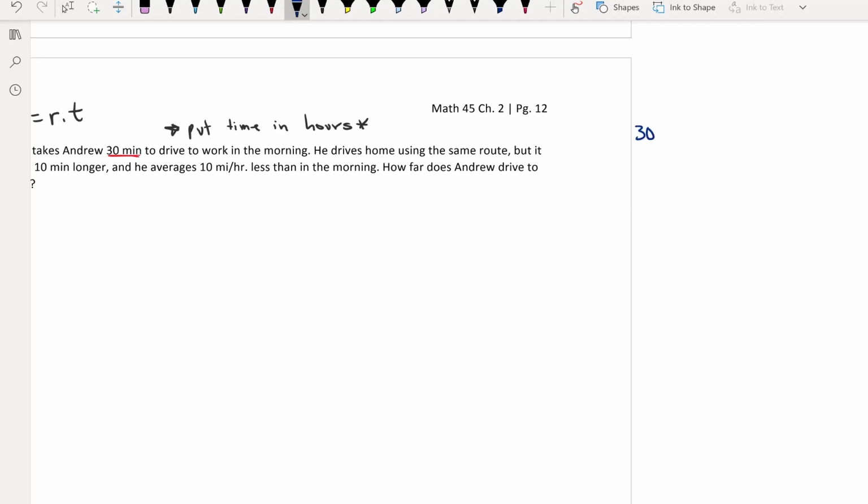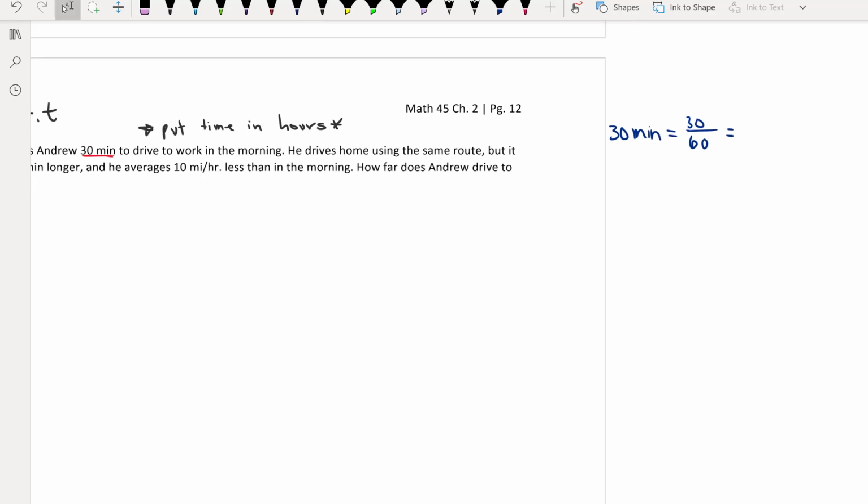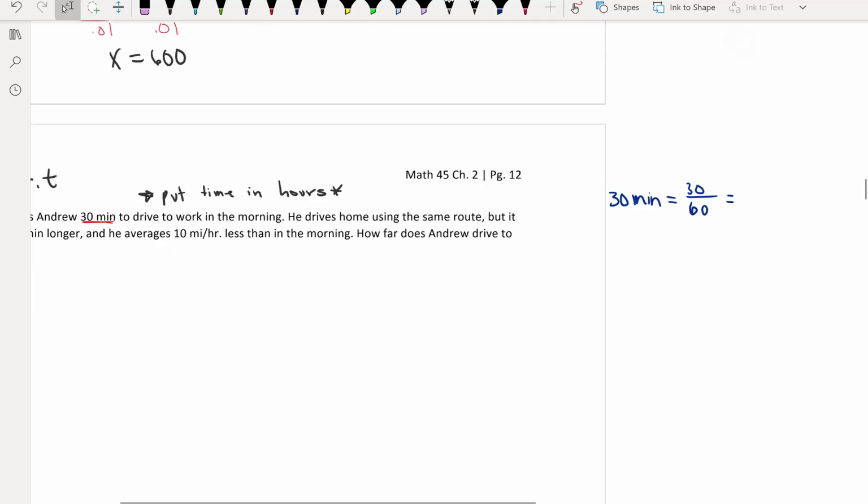If I have 30 minutes, that represents 30 minutes over 60 minutes, if I'm thinking about an hour, okay? So now when I reduce this, I'm going to have 1/2, which is the same as 0.5. So really this is saying 30 minutes is equal to 0.5 hours.